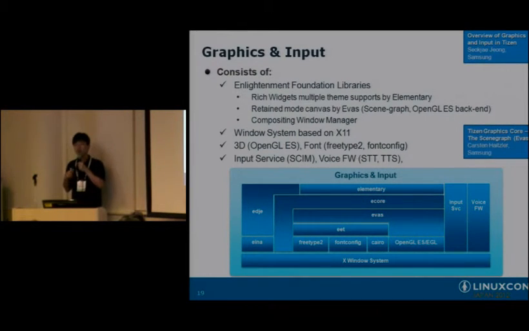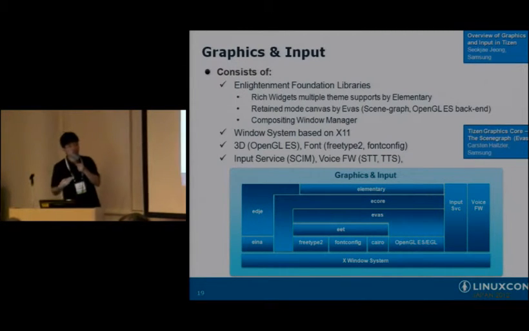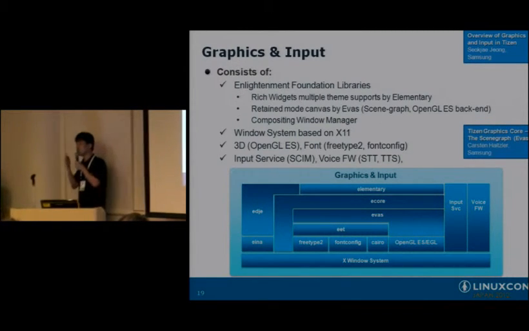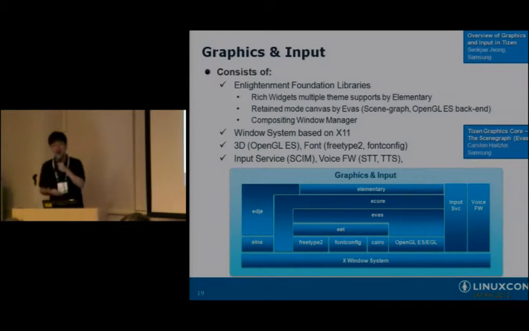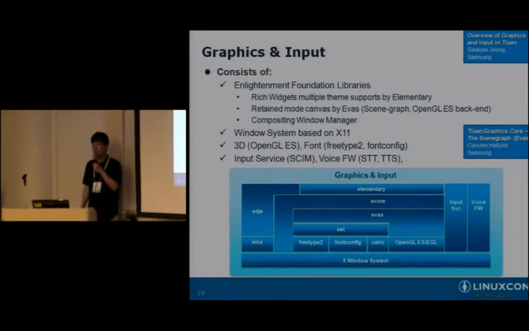And we have 3D graphics libraries, OpenGL ES and EGL. We support OpenGL ES 1.1 as well as 2.0, and EGL 1.4 is supported. And we have the font library, FreeType 2, and fontconfig is used for configuring your fonts on the device.